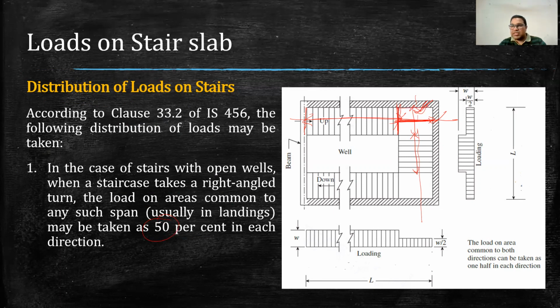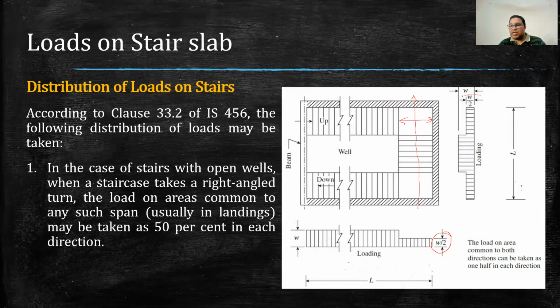50% of the load of this landing will be considered when we analyze this span. Similarly, 50% is considered when we analyze this case. So this is what is mentioned here also. You can see here, up to this flight we have considered full load, and when considering this flight, we have considered only the half load, because the half load will be considered when we analyze this step along this span.